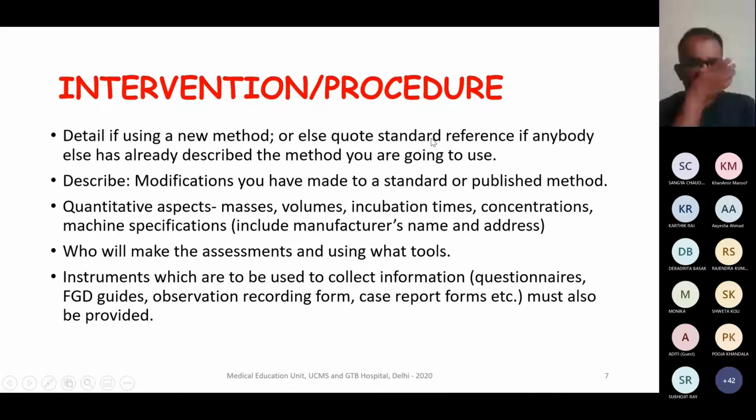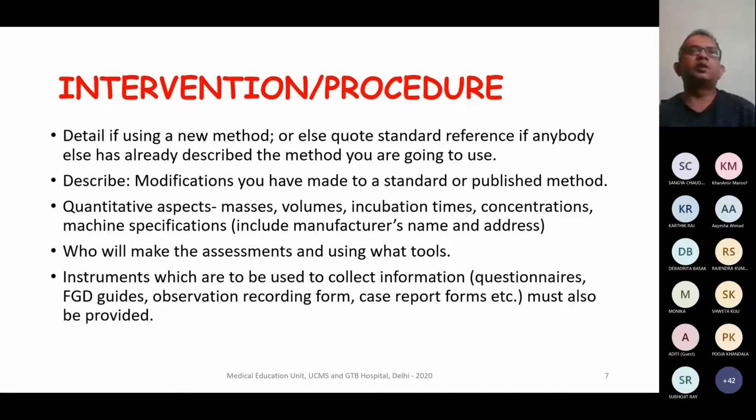But it is always advisable that even if you give the reference, like in biochemistry, I can say that the real-time PCR will be done following the method described by so and so et al., and then you give the year in which that study was published, and you mention that in your references. If that reference is easily available online, then you may not describe it in detail. But most of the time it is not available so easily. So it's better that even if you are giving the reference, you describe it in detail.